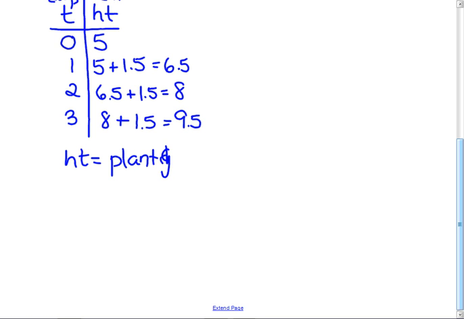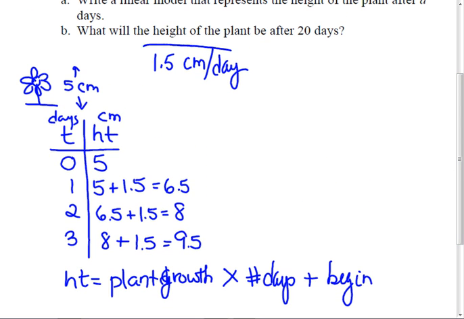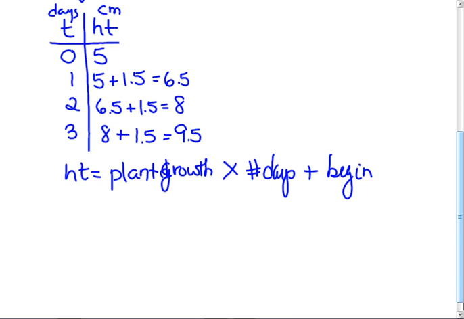That's the slope. And I also have a clue on that. Times, and you could do it dimensionally if you want, the number of days plus where it begins. Does that make sense? This is the slope. That's how fast it's growing. That's your rate of pay. $1.50 a day. Not very good, is it? So the height is going to equal, what's the slope here?